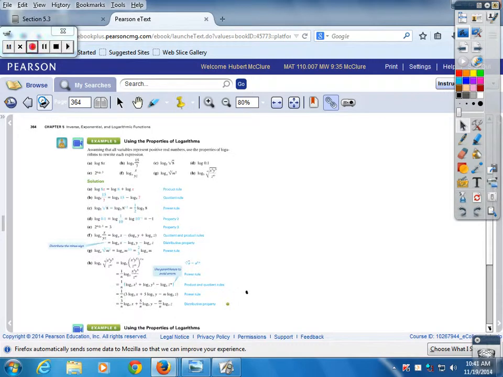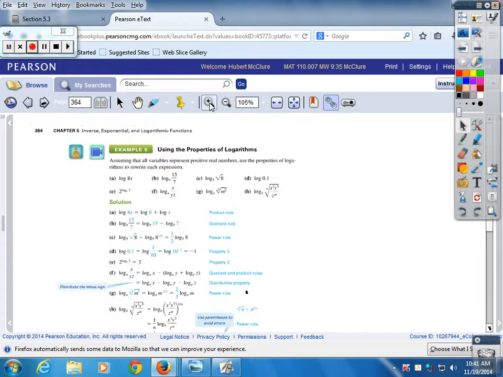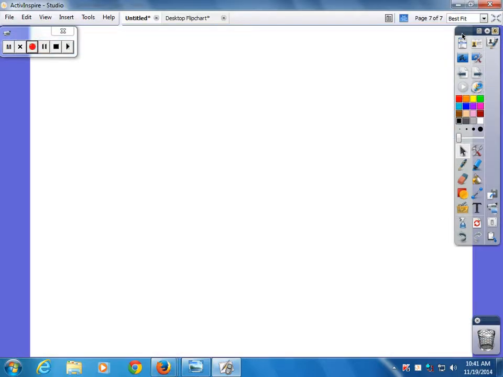All right, let's do, well, we can do several of them, but let's just do C. Log base 5 of the square root of 8.